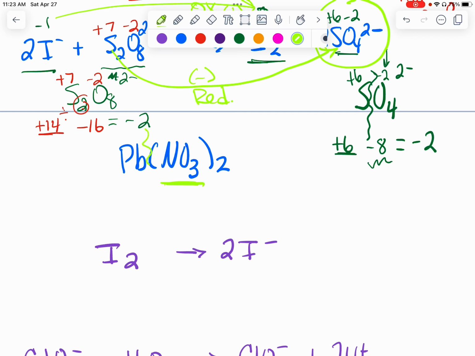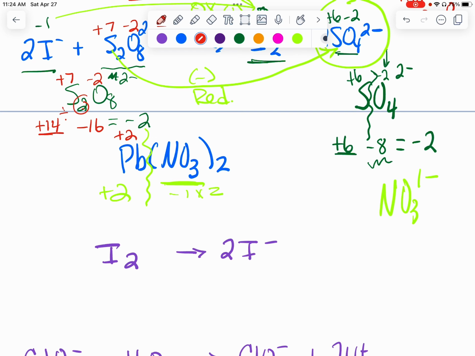Well, clearly this formula is divided between lead and the nitrate, right? Well, if you go and look at your polyatomic ion sheet, we know that nitrate is a -1. So if this is a -1 and there's 2 of them, doesn't this side have to be a +2? Yeah. Okay, so that was easy. We know lead is going to be a +2, but let's deal with this nitrate.